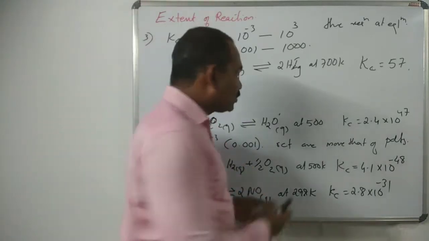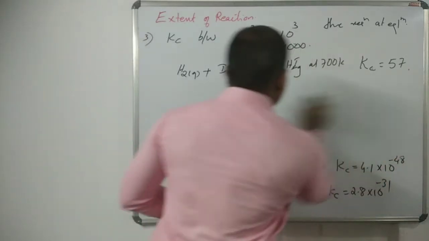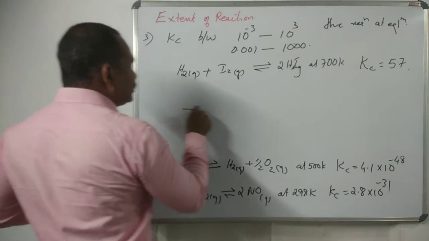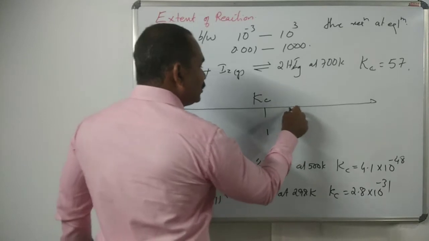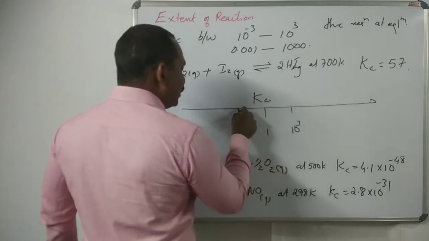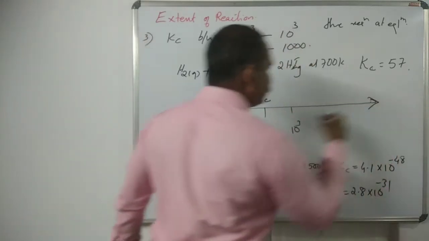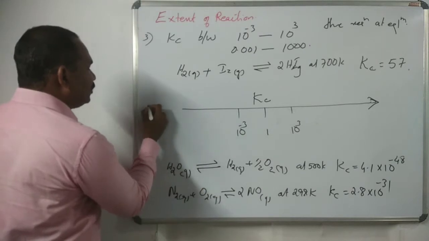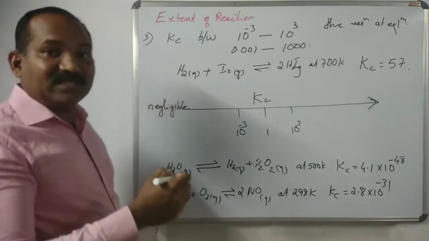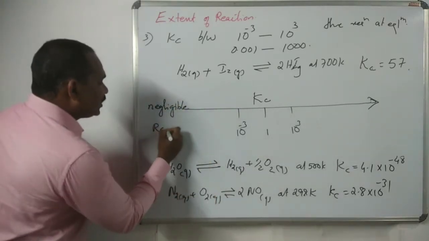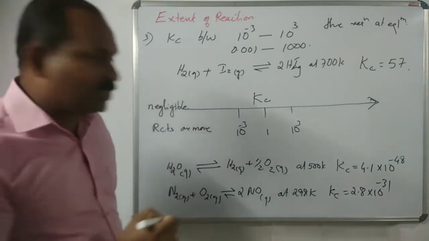Then let's draw one line comparing the extent of reaction. For that, we take the numerical value of Kc. So Kc is 1, then 10 raised to 3, then 10 raised to minus 3. At too small a value, the reaction is negligible. That is, reactants are more, and the reaction hardly takes place.